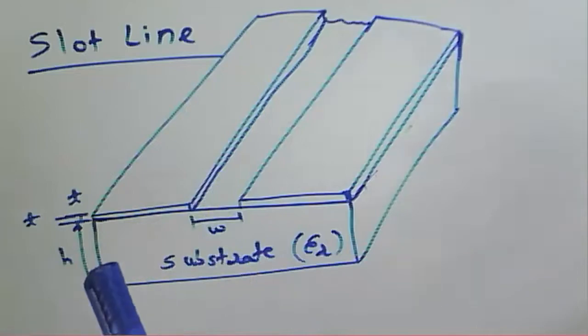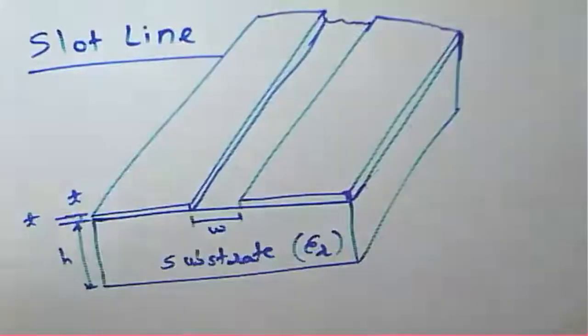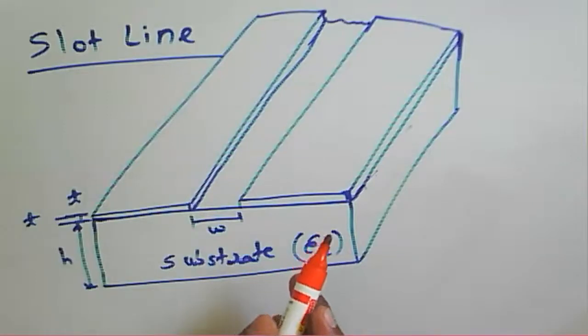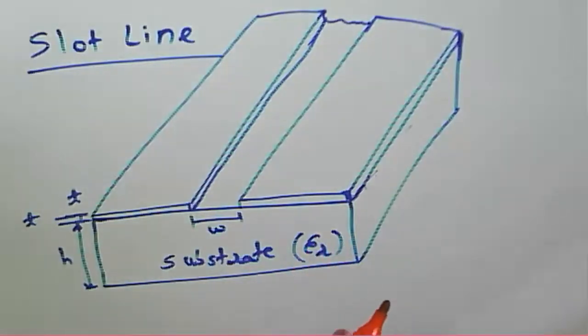Now we can consider the field distribution. What about the field distributions in this slot line? For the electric field component, it is easiest to understand the field distribution.